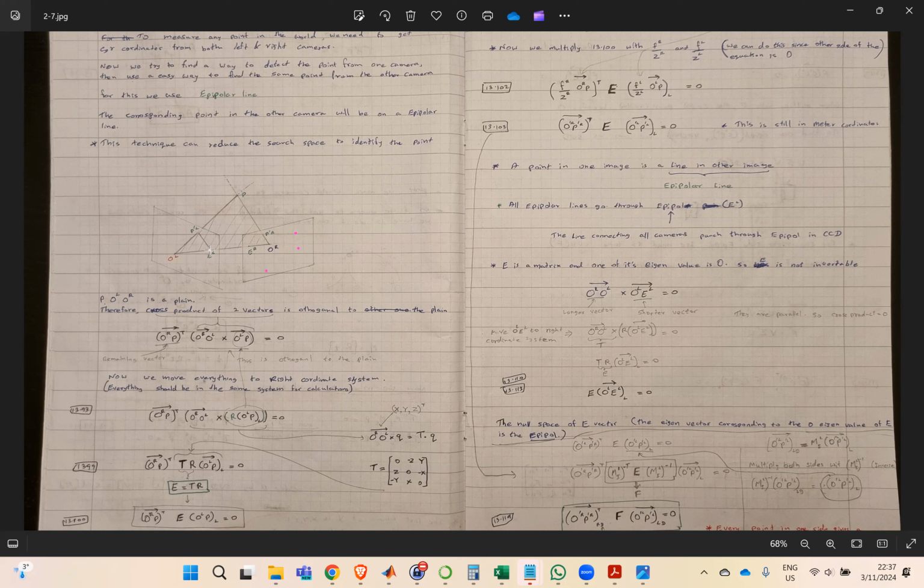For the first dot I can draw one epipolar line, for the second dot another, and for the third dot another. All these epipolar lines go through the epipole. So the epipole is here, and from this equation we can find where it is.